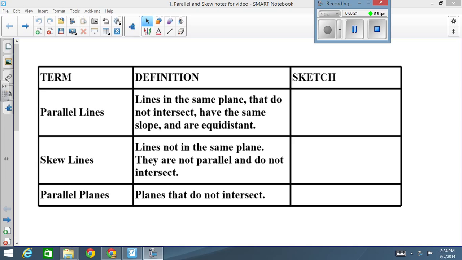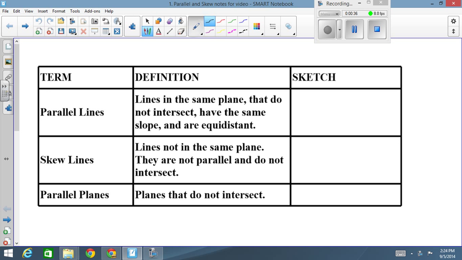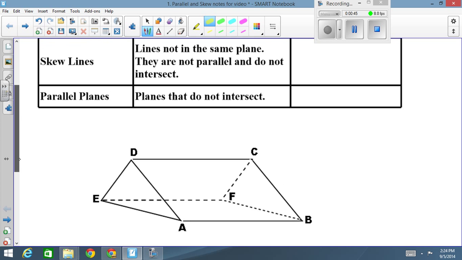Parallel lines are lines that are in the same plane, that do not intersect, have the same slope, and are equidistant. Now, this word equidistant, it may not come as a big surprise to you, means an equal distance from each other. Okay? So let's look at the picture that's on your guided notes.